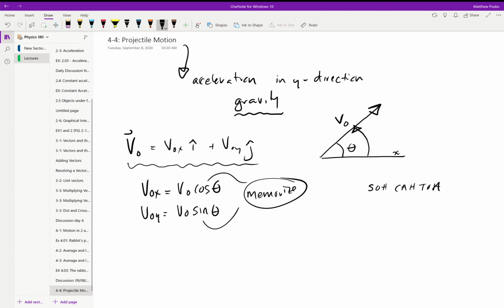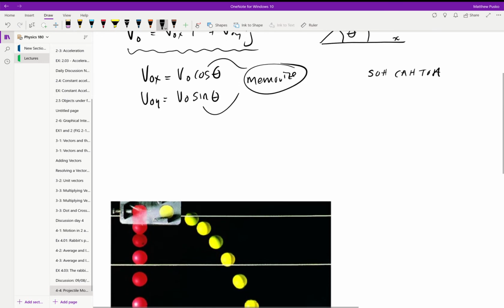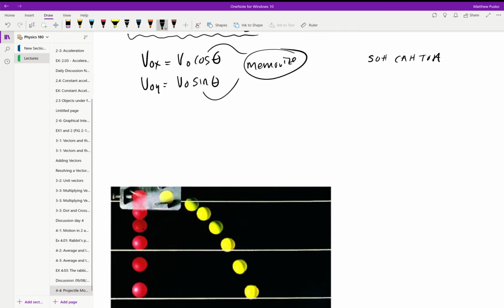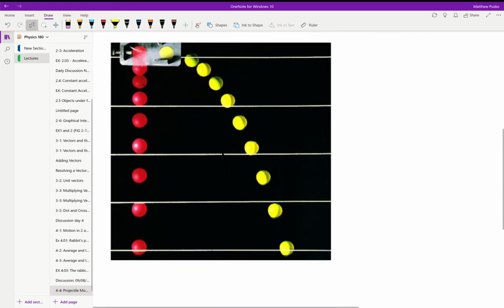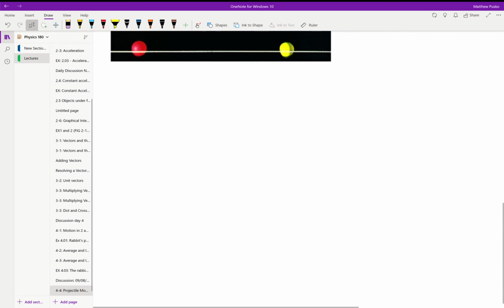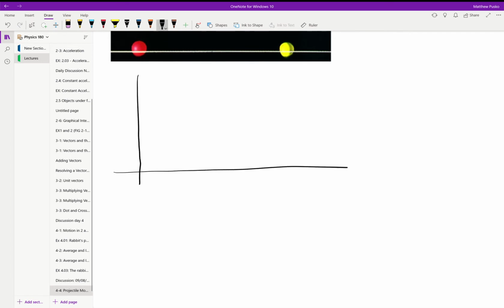Alright, so what can we do with this? Well, let's start by looking at just a regular old projectile. If I make an axis where this is x and this is y, and I'm going to shoot maybe a cannonball.